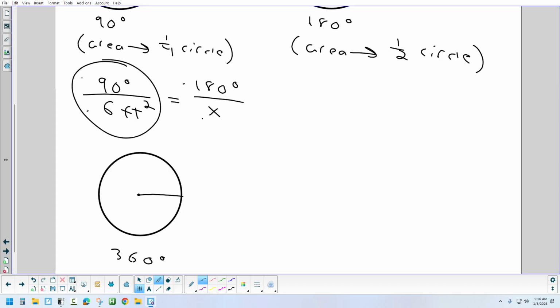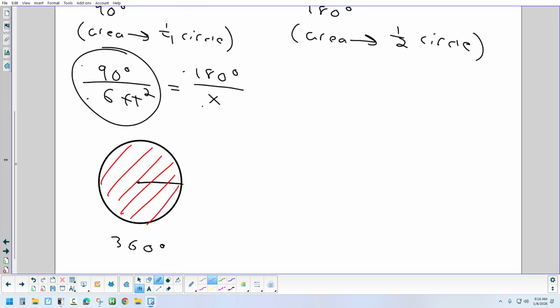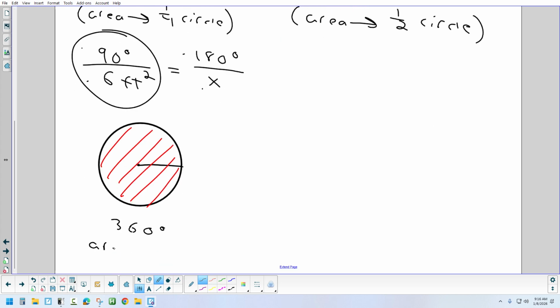So here's my initial side. Here's my terminal side. It's gone all the way around. And now the area isn't a quarter of a circle or half of a circle. The angle has gotten so big, it takes up the entire circle. So area is the entire circle.